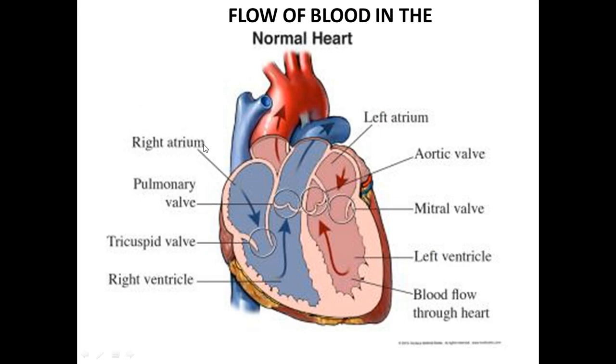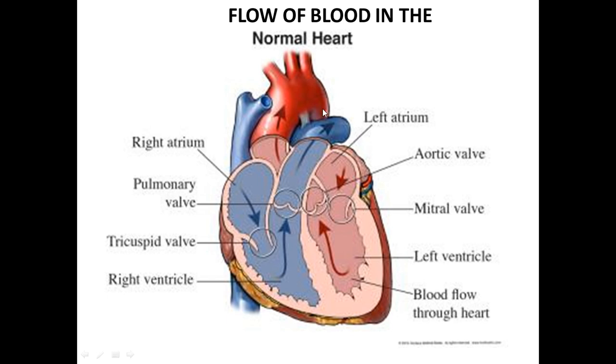So this is another pictorial view of how the heart looks. This is the aortic valve, this is the mitral or the bicuspid valve, this is the left ventricle, this is the left atrium, this is the right ventricle, the tricuspid valve, the right atrium, then the pulmonary valve.